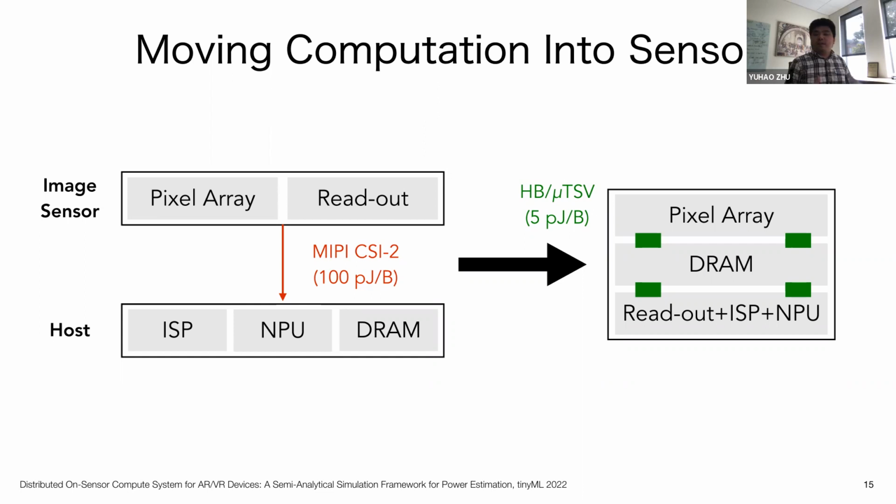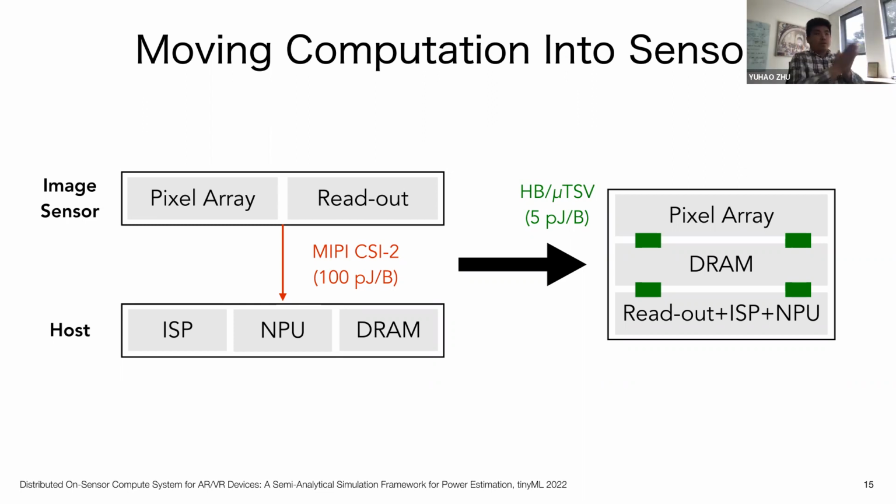And this is by no means a new idea by today's standard. This is an illustration where on the left is today's paradigm, where the image sensor is responsible for capturing pixels, which are then transmitted to the host, which could be a local edge device or the cloud.